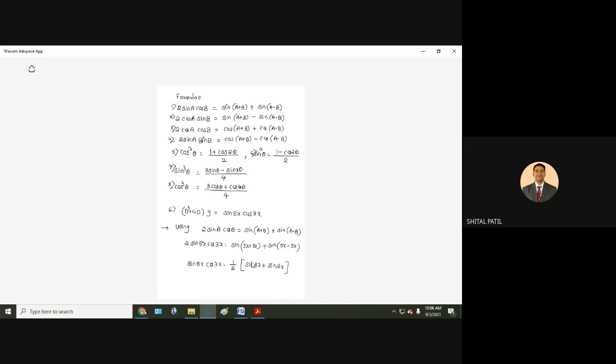Sorry, I think Shreyas was also telling that only, but I thought he was telling about the term in the denominator. Absolutely, no doubt. 3 cos theta plus cos 3 theta divided by 4, correct. Okay, let me continue.